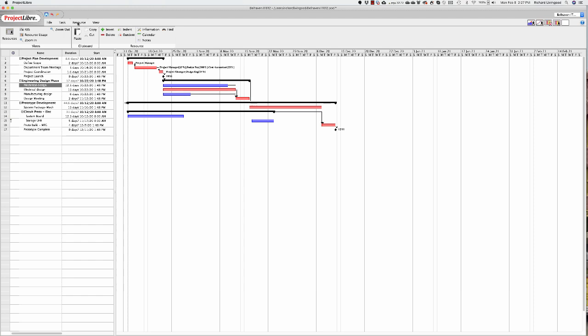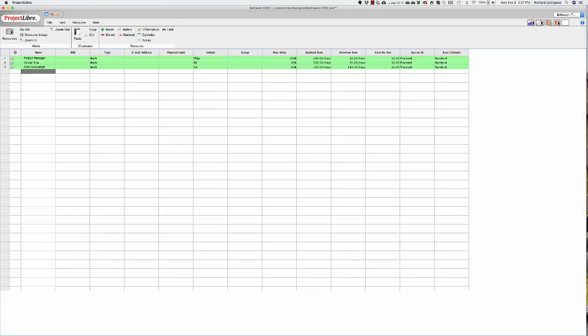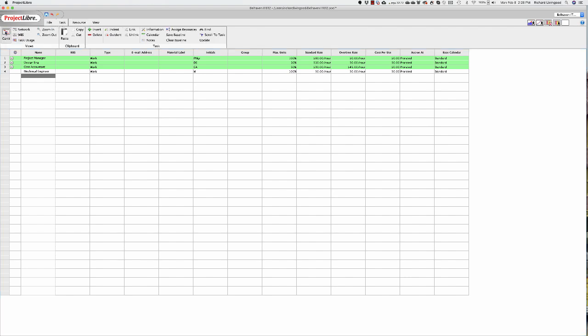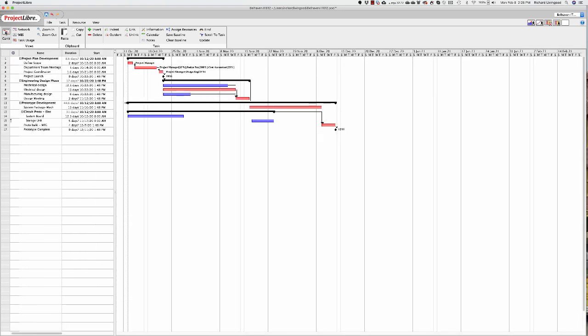So I'm going to go back to resources, click on that resource tab, click on resources, and add a mechanical engineer. I forgot what the tasks were, so now I got to go back, which, by the way, is not unusual. Sometimes it happens.